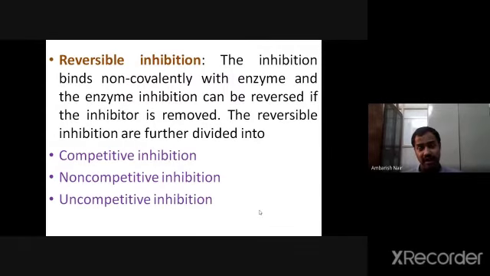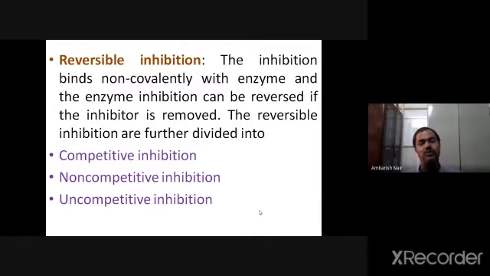I hope now you got the exact idea of what reversible inhibition is. A reversible inhibitor binds the enzyme non-covalently, and the inhibition can be reversed if you remove the inhibitor. This can be further classified into competitive inhibition, non-competitive inhibition, and uncompetitive inhibition. There are three parts in this.